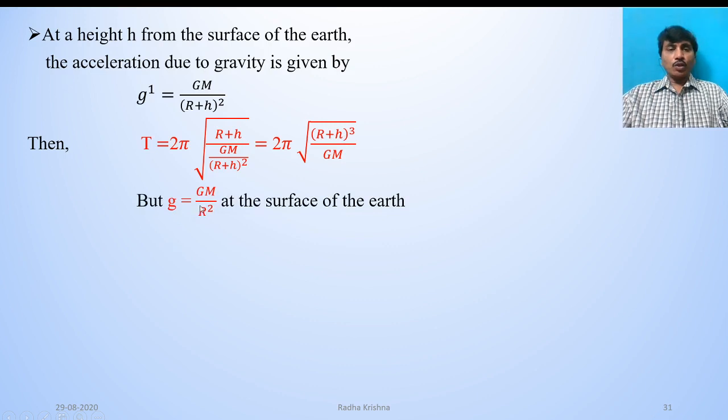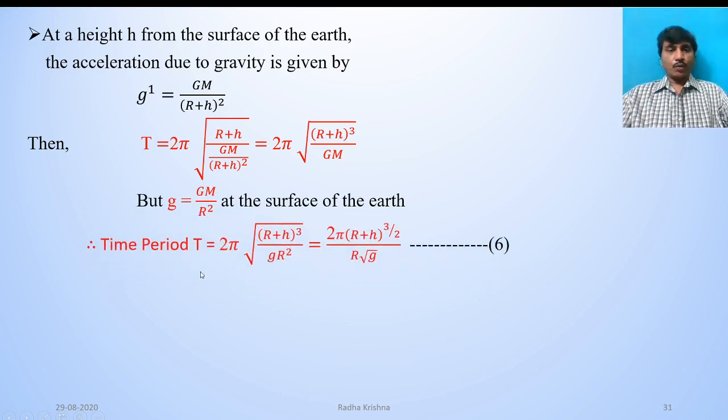But g is equal to GM by r square at the surface of the Earth. Therefore, time period T is equal to 2 pi square root of r plus h whole cube by g r square, that is equal to 2 pi into r plus h whole power 3 by 2 by r into square root of g. That is the equation 6.